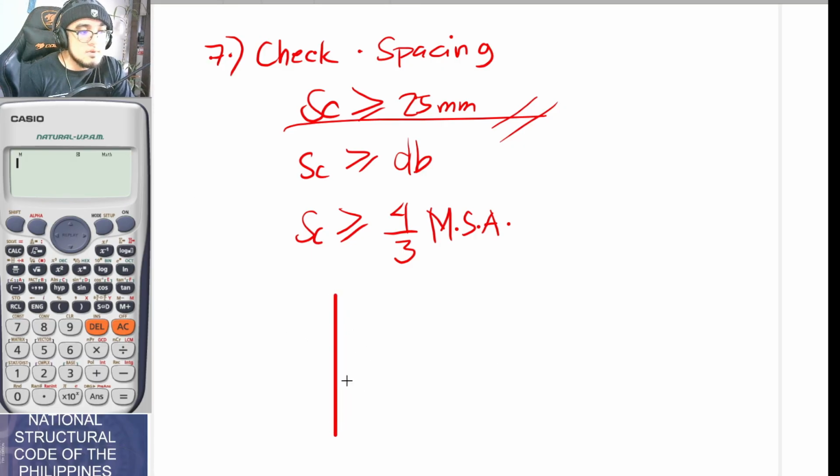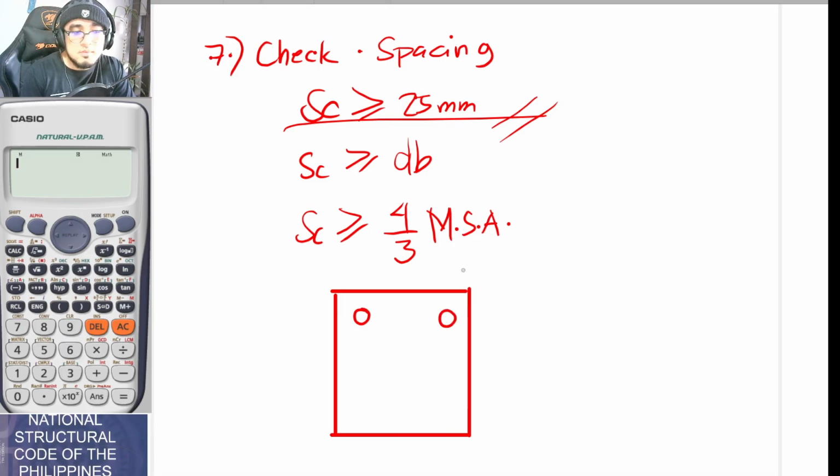Let's say this is your section, and you already have your compression bars here, and for your tension bars the spacing was inadequate. You can rearrange it in such a way that you will have 2 layers. So let's say 1, 2, 3, 4, 5. You can do it this way.